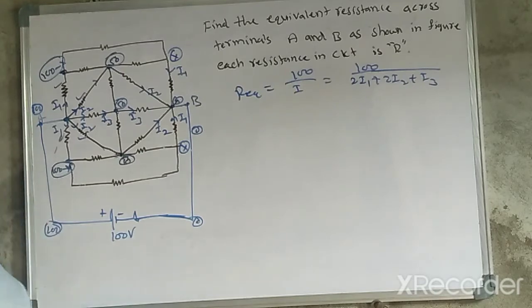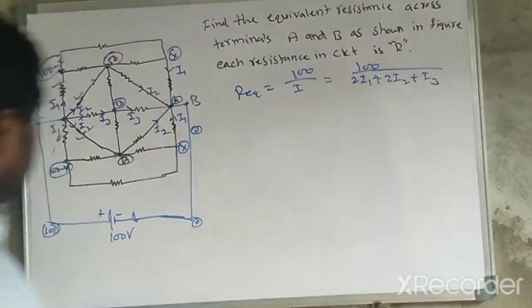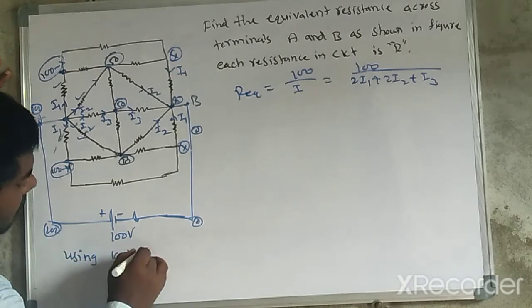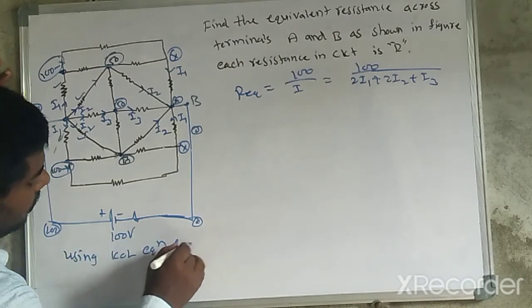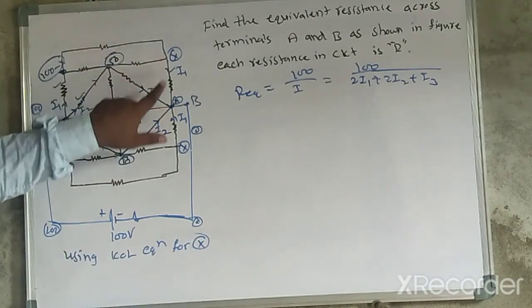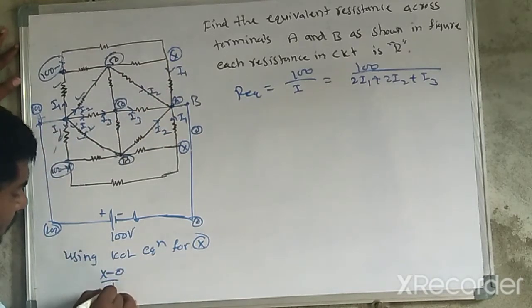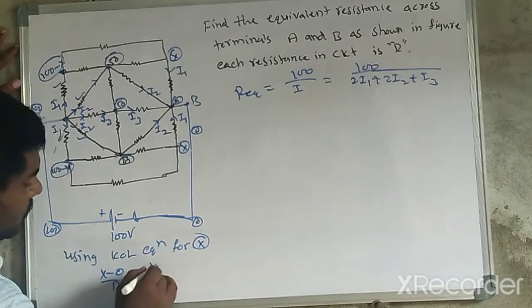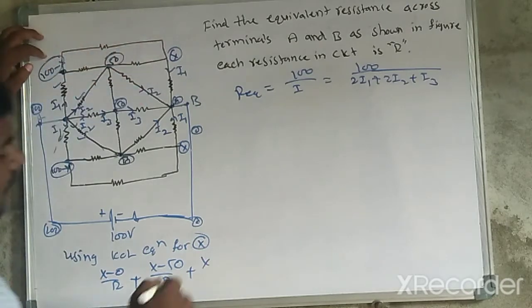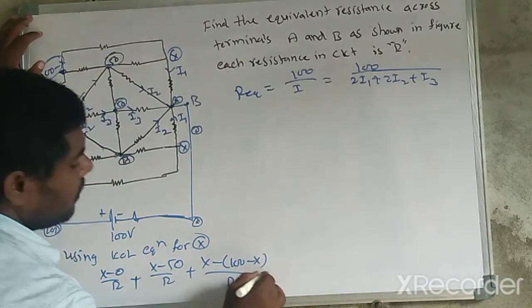From this you may apply the KCL rule and find the x value. The KCL equation for x: (x − 0)/r + (x − 0)/r + (x − 50)/r + (x − (100 − x))/r = 0.